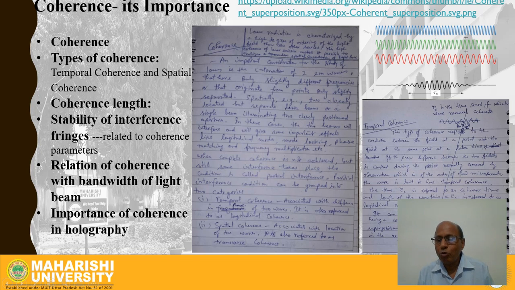So it can also be shown that a wave having a coherence time tau c is essentially a superposition of harmonic waves. So for example, if the resonant frequency is nu zero of a laser light source and its bandwidth is delta nu, right? So delta nu is inversely proportional, approximately equal to 1 upon tau c.